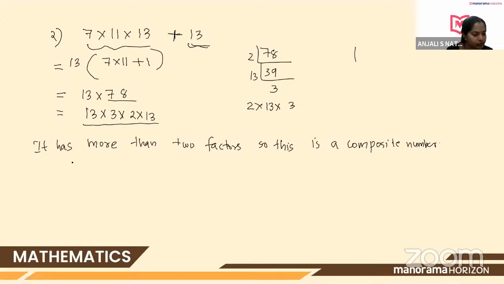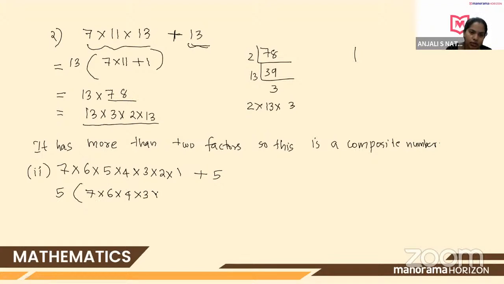So moving to the next, which is 7 into 6 into 5 into 4 into 3 into 2 into 1 plus 5. Here also there are 2 terms. We can take 5 as common. Then 7 into 6 into 4 into 3 into 2 plus 1, which is equal to 5 into 1009 plus 1.